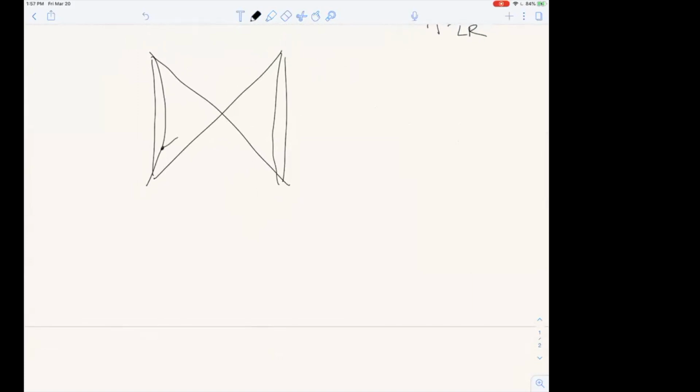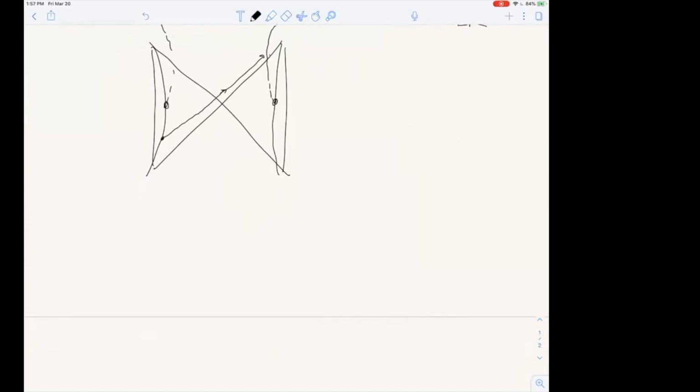So when this message falls in, at a given time when you deform, these boundary particle trajectories can move like such, and now this message can reach the right boundary particle. So that's a nice simple picture for this effect in JT gravity.